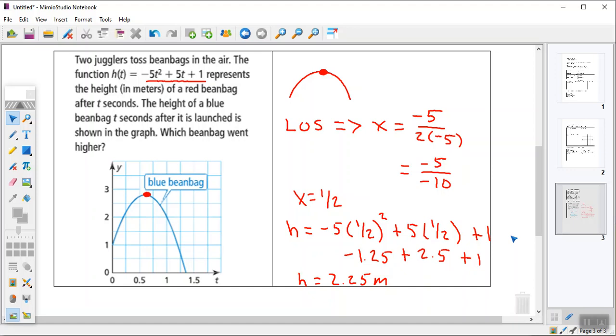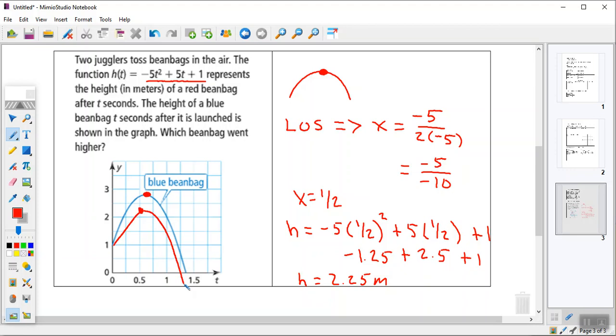So the red bean bag kind of has a path like, I don't know. Whoops, what am I doing? At time 1/2, it's only going up to 2.25, so it kind of starts at 1, goes up here, and then falls like that. So the question becomes, which one's going to be higher in the air? Which one went higher? The blue one.